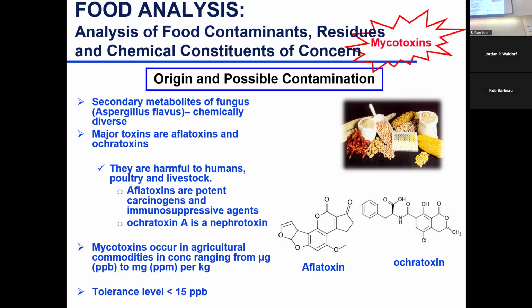Anything that is toxic to the gene, the level should be 0. Other aflatoxins, other mycotoxins, you can have a particular limit. So tolerance level less than 15 parts per billion. So these are categorized, and those tolerance levels are identified for every type of toxin.